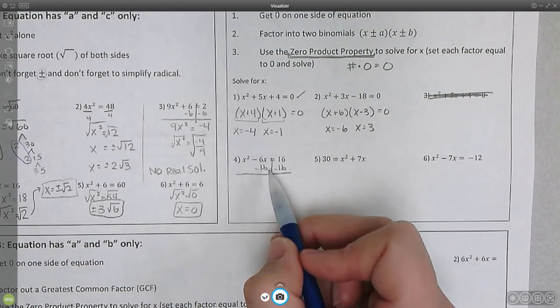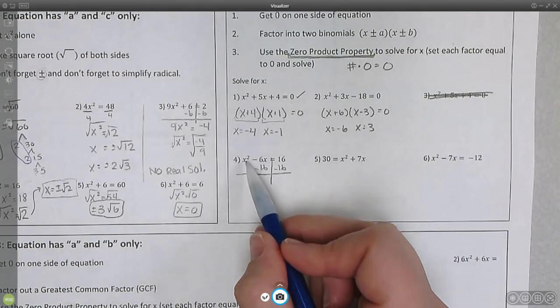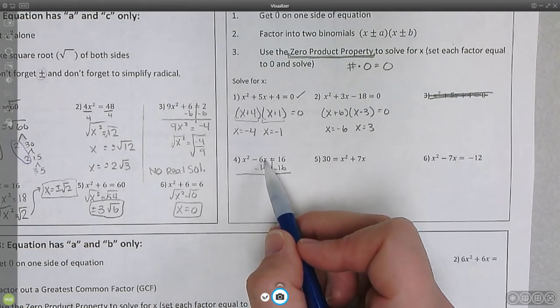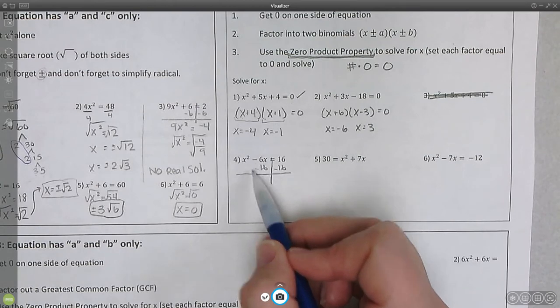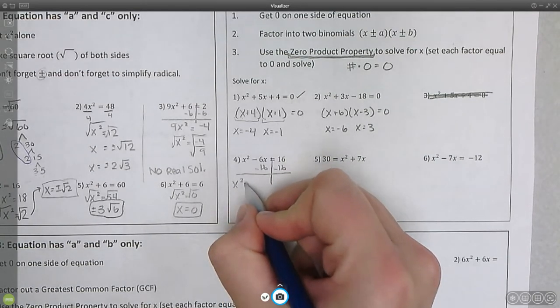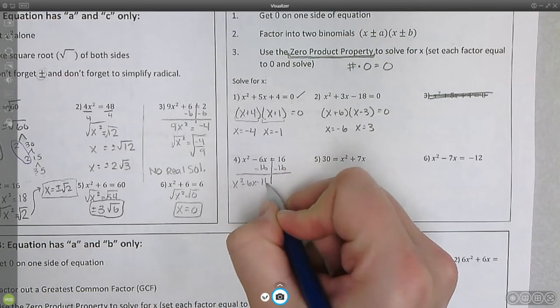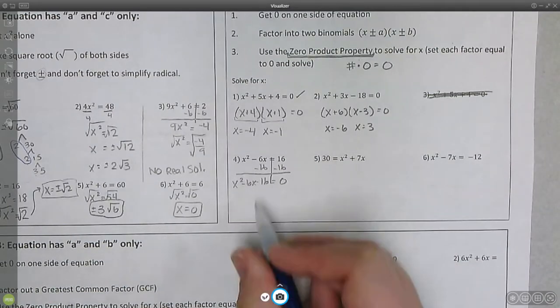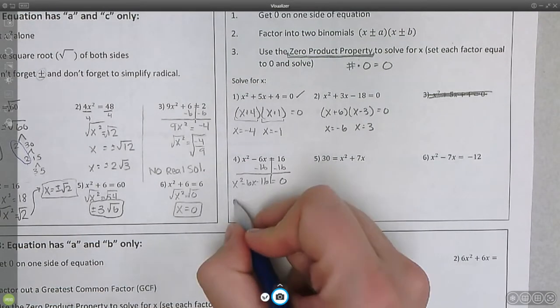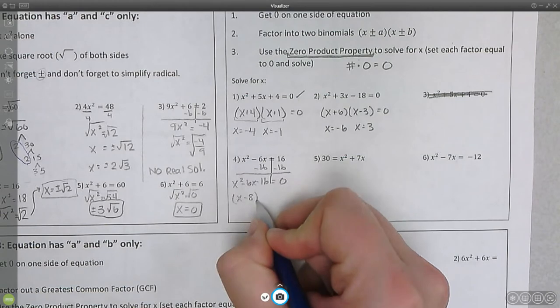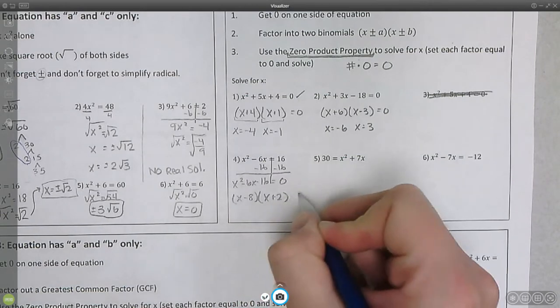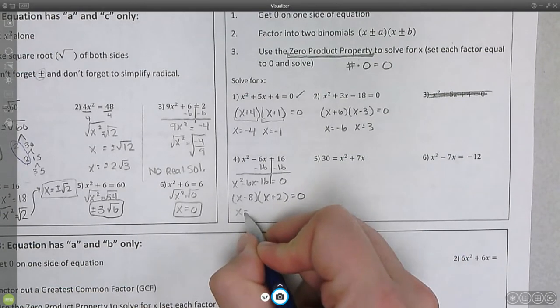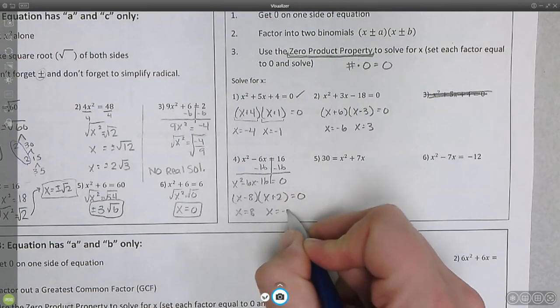And make sure when you're subtracting 16, you're not subtracting it from x squared or -6x, because those are not like terms. So you'll have x squared minus 6x minus 16 equals 0. To factor this, it's going to be x minus 8, x plus 2, and your solutions are x equals 8 and x equals -2.